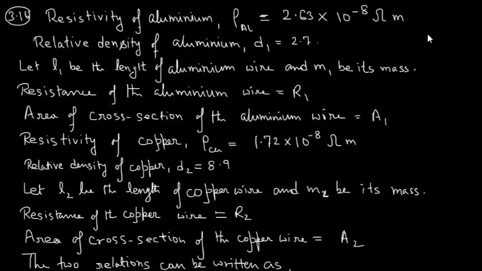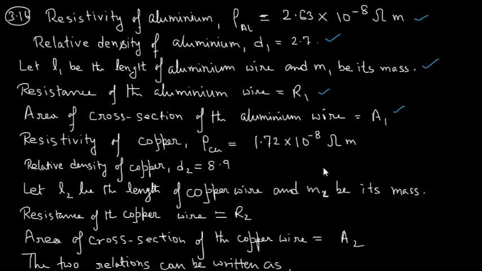So resistivity of aluminium rho Al is equal to 2.63 into 10 to the power minus 8 ohm meter. Relative density of aluminium D1 is equal to 2.7. Let L1 be the length of the aluminium wire and M1 be its mass. Resistance of the aluminium wire is R1. Area of cross section of the aluminium wire is A1.